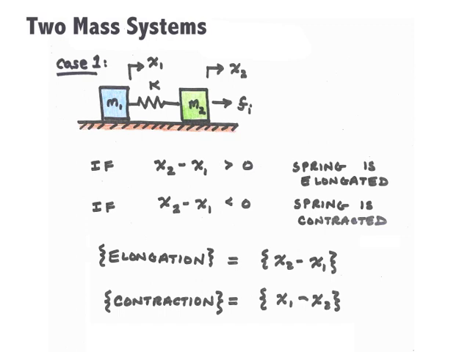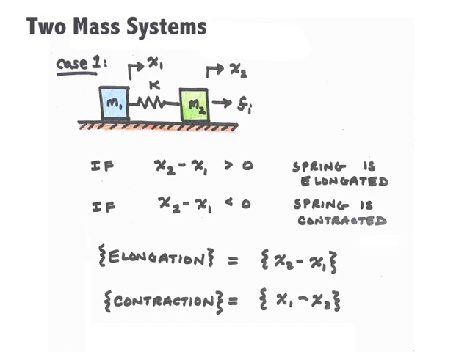The displacements of m1 and m2 from their starting positions, where spring K is at rest, are given by x1 and x2. Both these variables are indicated as positive to the right. If x2 minus x1 is greater than 0, then mass m2 has moved farther rightward than mass m1, and in this case the spring is elongated.